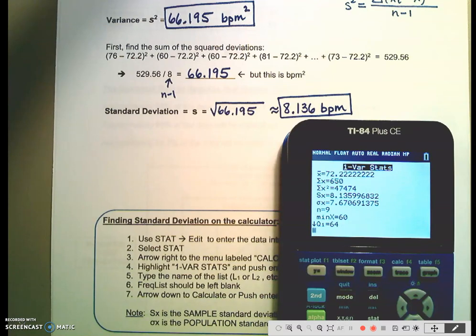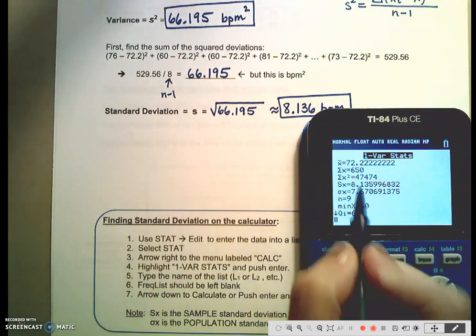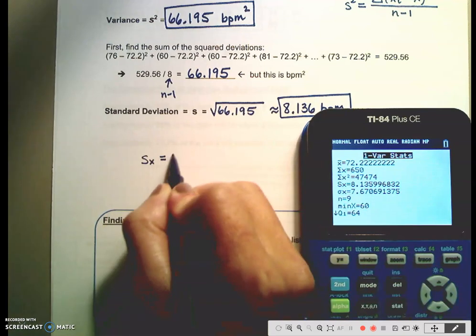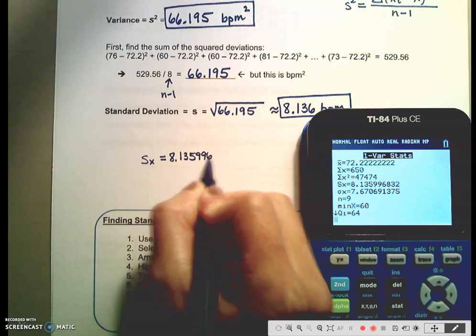Now, in the homework, sometimes what they do is they'll ask you for the variance before they ask for the standard deviation. So here's your workaround that you're going to have to do in the homework. You'll notice this does not give you variance because normally we don't talk about variance. But if you were asked for the variance, you would need to write down that the standard deviation off the calculator was 8.135996832.